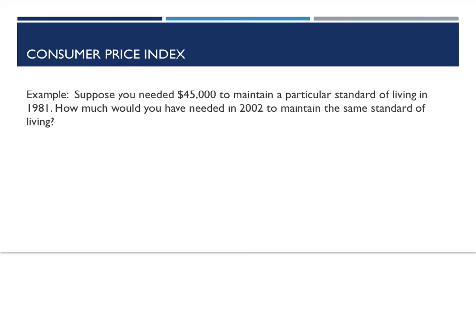So I'm always going to use the formula that's for the money. I am going to be told money.